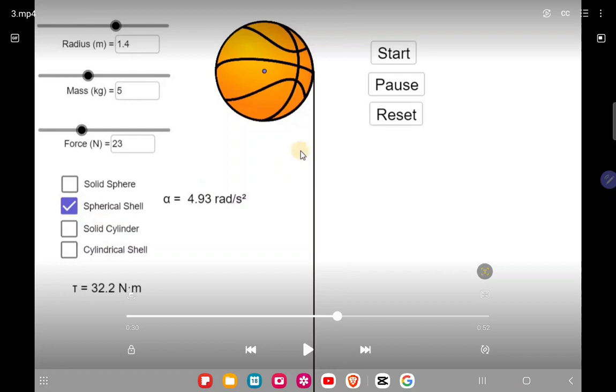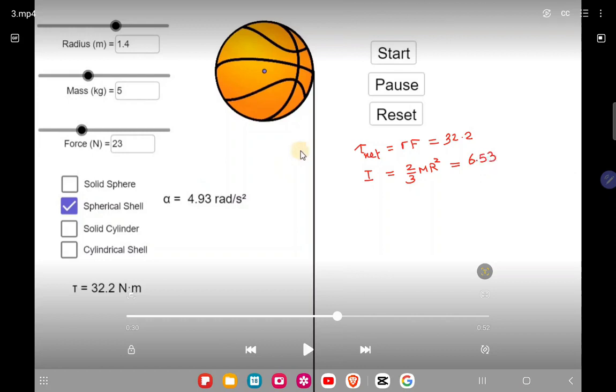The net torque is equal to R F, and it's the same, by the way, because F and R are not changing, equal to 32.2. Now remember, I for the spherical shell is equal to 2/3 m r square. By substituting m equal to 5 and r equal to 1.4, we find that the moment of inertia for the spherical shell is equal to 6.53.